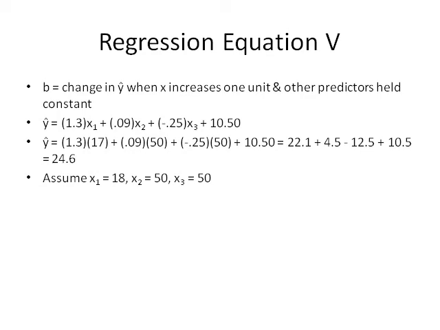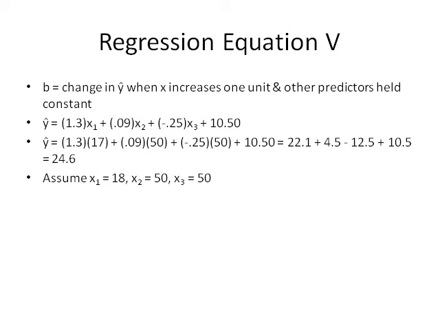Continuing with our example of predicting variance in life satisfaction by using our 3 predictors, let's say our regression equation turned out to be y hat equal to 1.3 times someone's score in intimacy plus 0.09 times someone's income plus a negative 0.25 times someone's score on anxiety plus the constant, which here is 10.50.